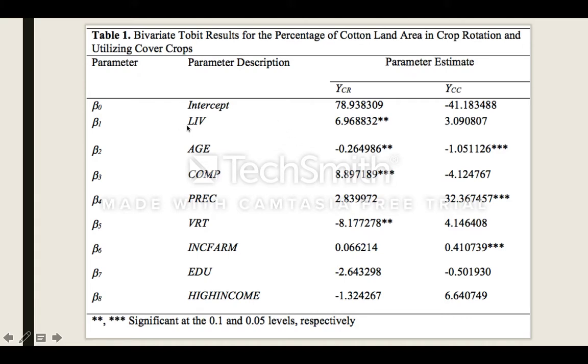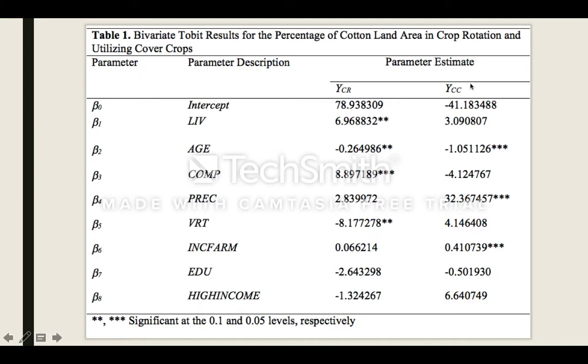The ownership of livestock and the use of a computer for farm management were positive, meaning that farmers who own livestock and use a computer for farm management are more likely to have a higher percentage of their cotton land in crop rotation. Then the age variable and the variable rate technology variable were negative, meaning that older farmers who use variable rate technology are more likely to have a lower percent of their land using crop rotation.